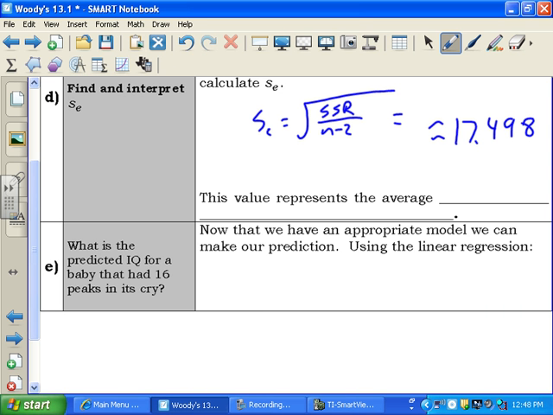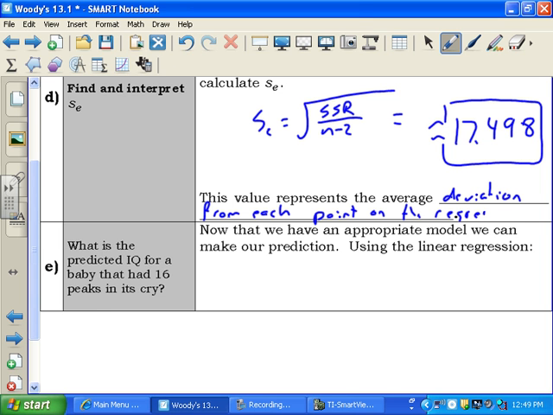Okay? The value represents the average deviation from each point on the regression line.